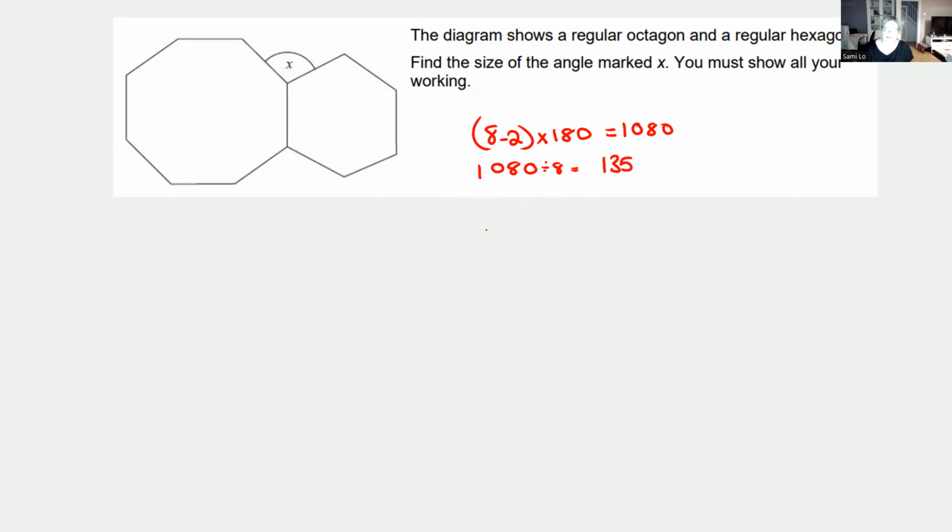And then I'm going to do the same for the 6-sided shape. So 6 minus 2 times by 180. 720. 720 divided by 6. This should give me 12. Well, 120, I should say.